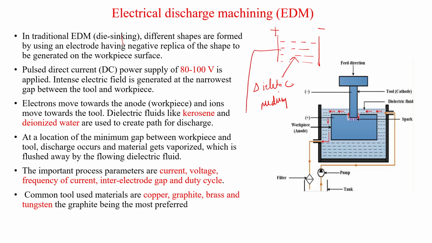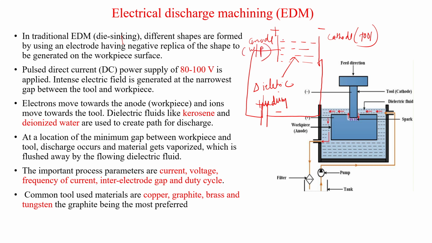This is connected to a power supply. Near the positive, which is the anode, and the negative, which is the cathode: the cathode is the tool and the anode is the workpiece.